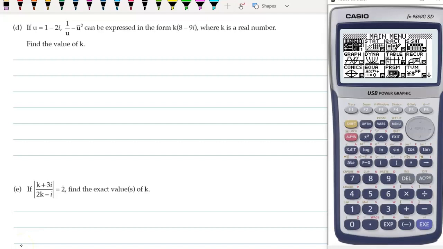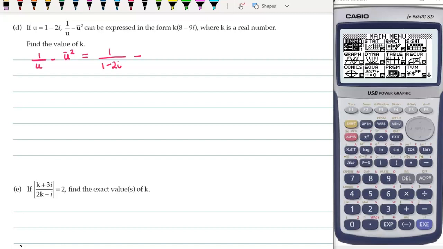Okay, for part D, it looks like there's a fair bit we can do on the calculator here, but we must make sure we show all of our steps to be able to reach that merit award. So 1 over u minus conjugate of u squared will be equal to 1 over 1 minus 2i. Conjugate of u is 1 plus 2i, and then squaring that.